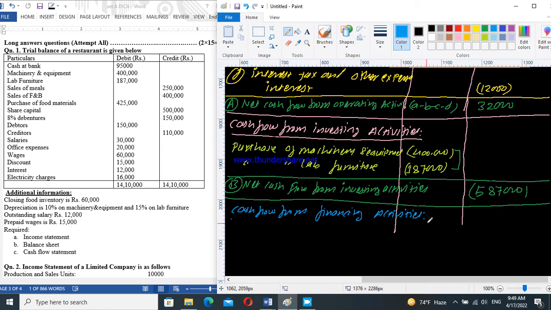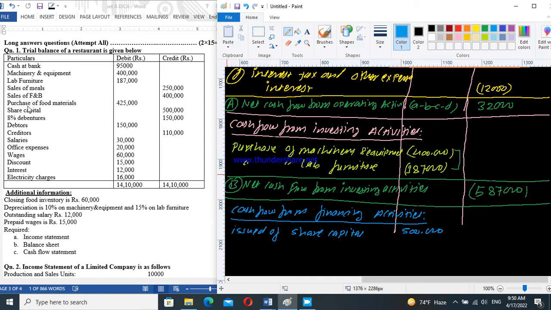Cash flow from financing activities involves only share capital and long-term liabilities. Increase of share capital is denoted by the issue of share capital. The amount is 5 lakh. Always inflow, therefore we can write a positive value.